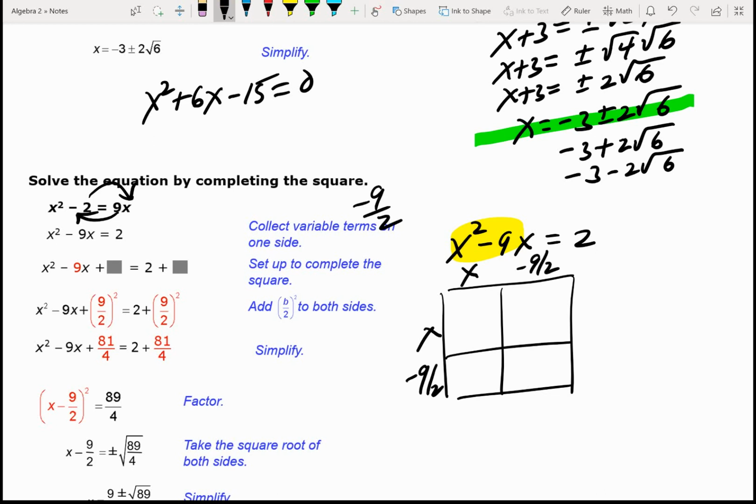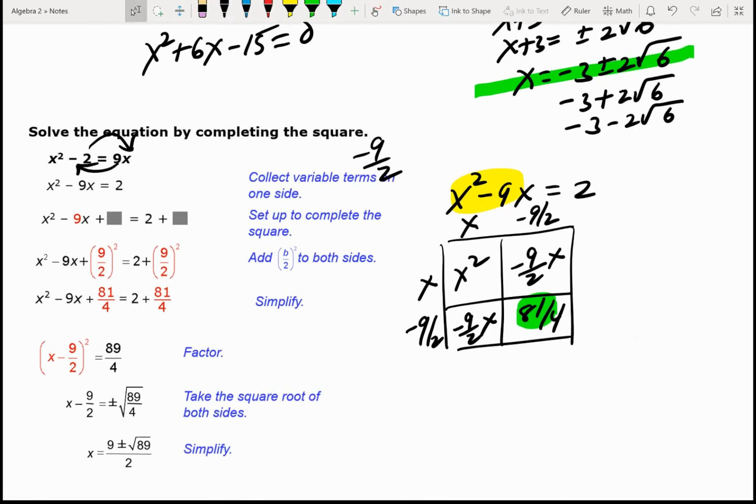Complete the square: x times x is x squared, and x times negative 9 halves will be negative 9 halves x. And then 9 halves times 9 halves is 81 fourths. So when I complete the square, I'm adding 81 fourths. But I have a perfect square trinomial whose sides are x minus 9 halves squared.